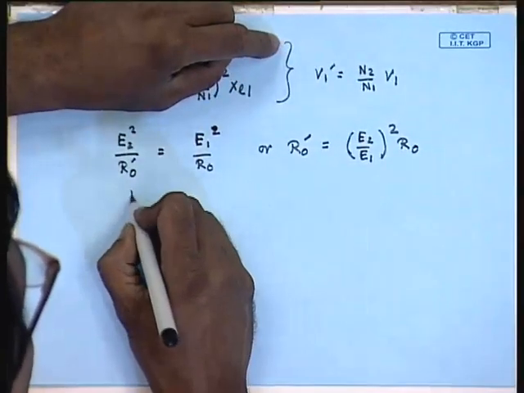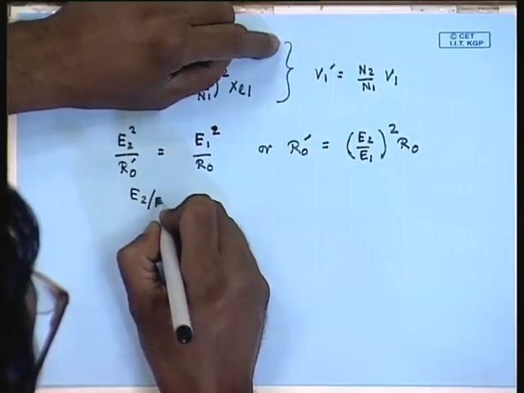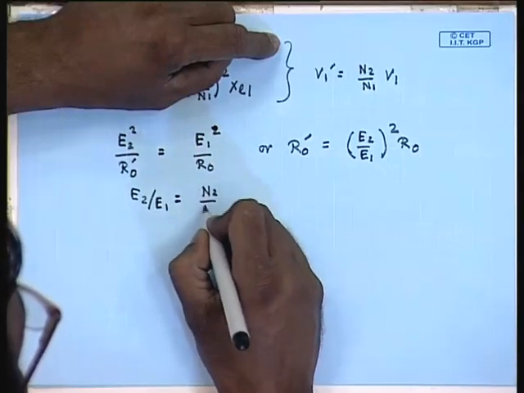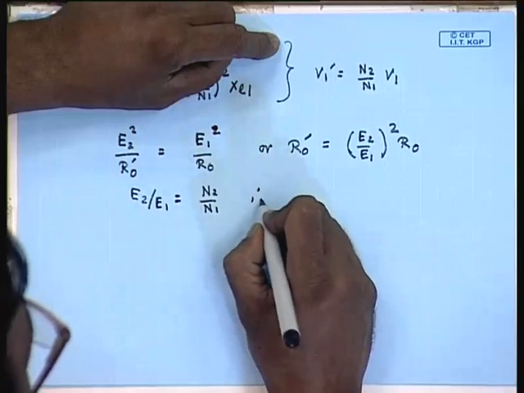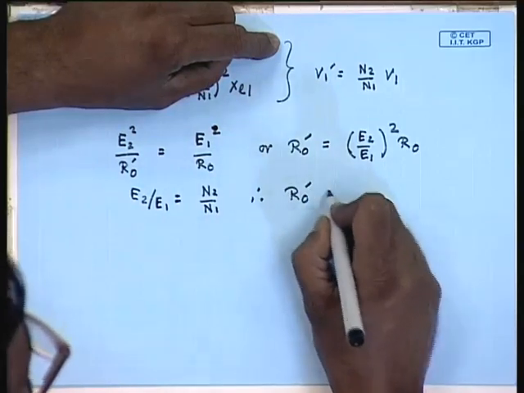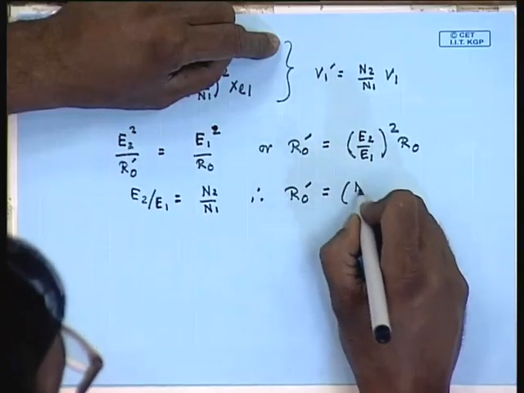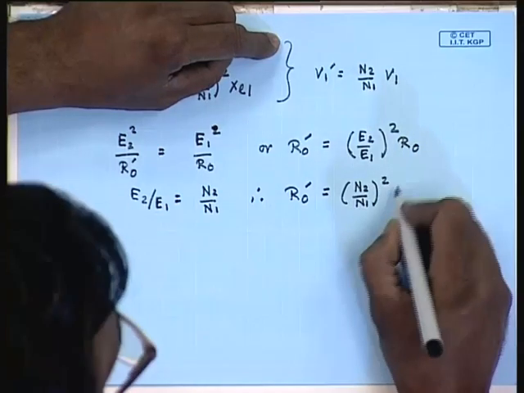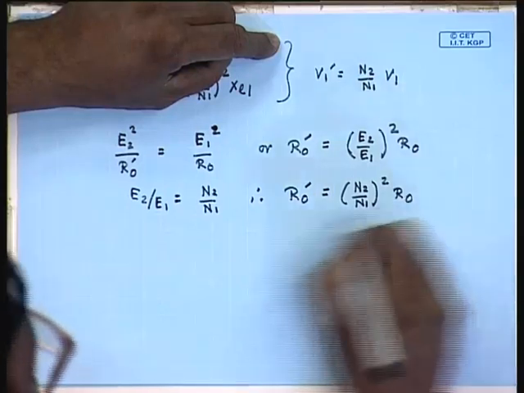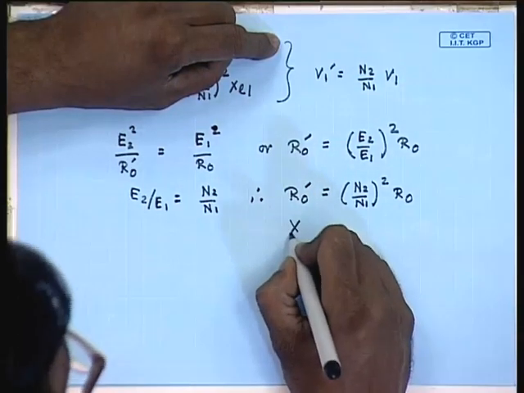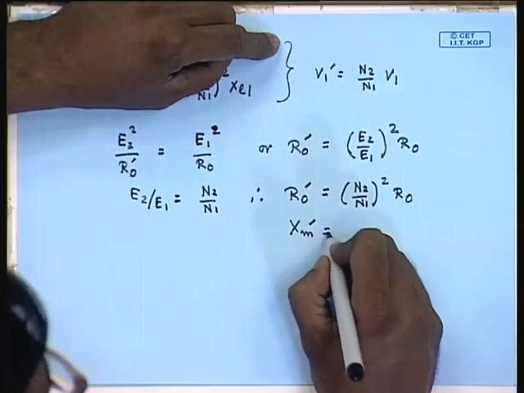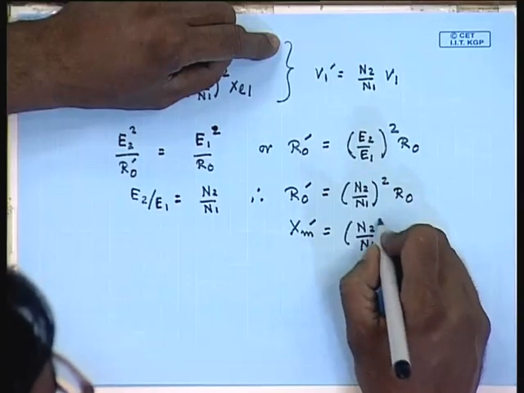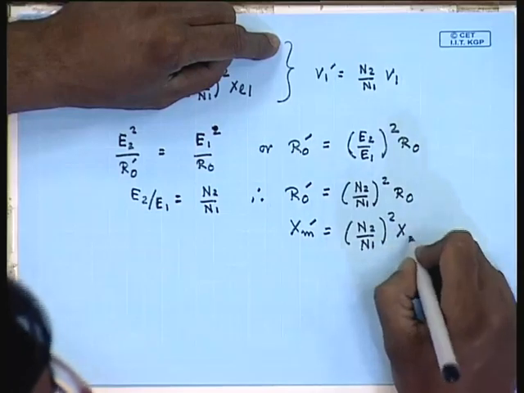But E2 by E1 equal to N2 by N1. Therefore, R0 dashed is equal to N2 by N1 square R0. Similarly, Xm dashed equal to N2 by N1 whole square Xm.